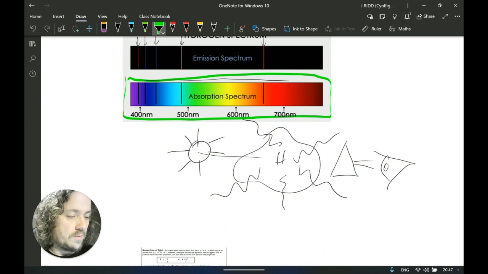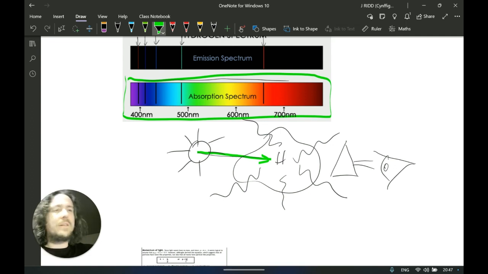So, just to recap then, the light from the star will go through something like a cooler gas cloud. The continuous spectrum containing all the colors, some of those photons would be taken up or absorbed by the hydrogen atoms. Only the ones, though, that correspond to that transition in energy level.